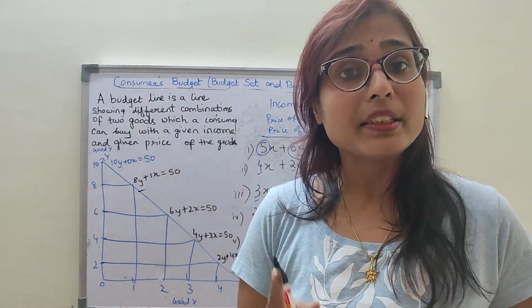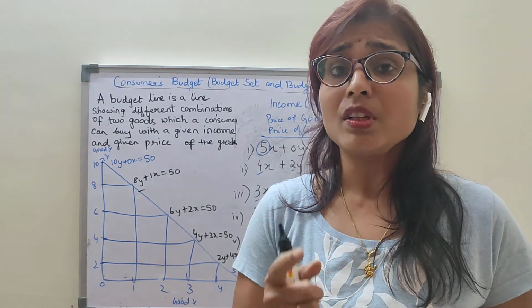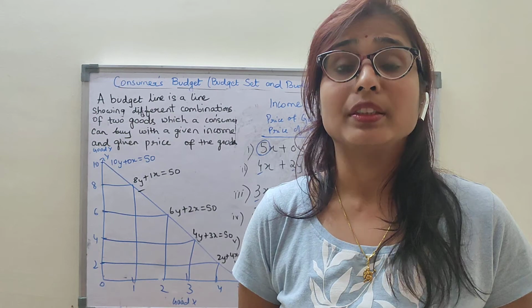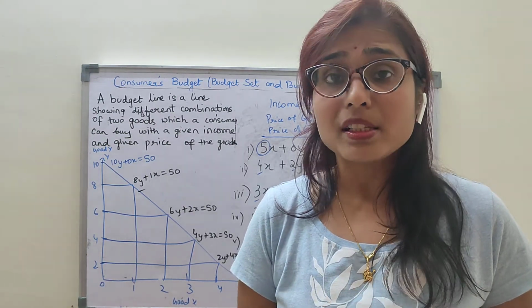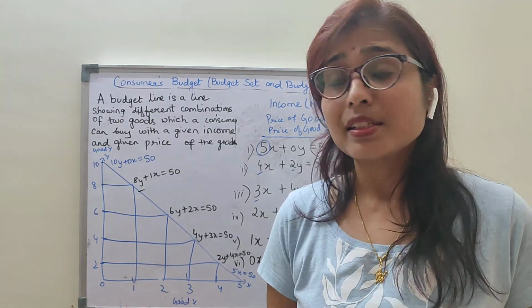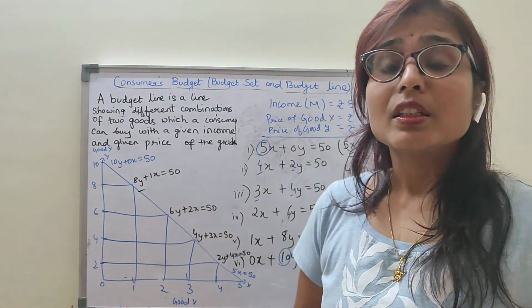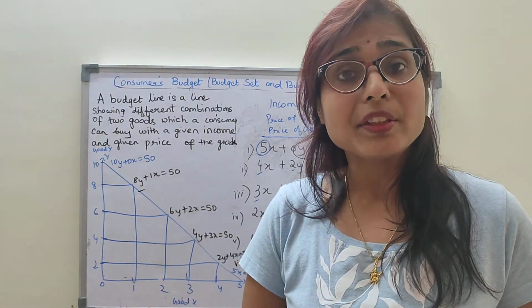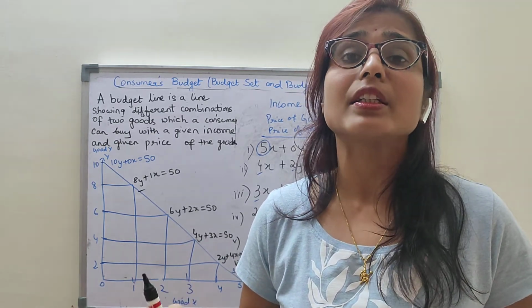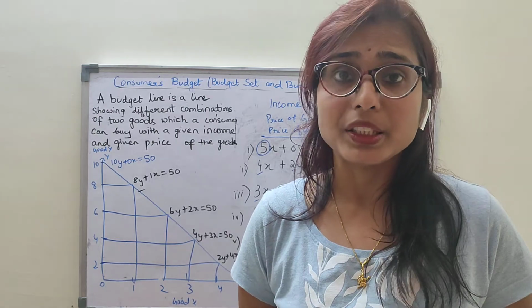In an indifference curve, it is related with the same level of satisfaction, but not concerned with the same level of expenditure. Whereas the budget line is not related with the same level of satisfaction, it is concerned only with the same level of expenditure.